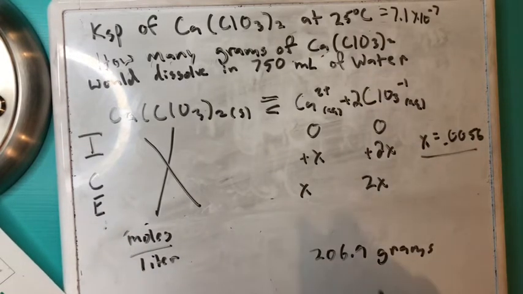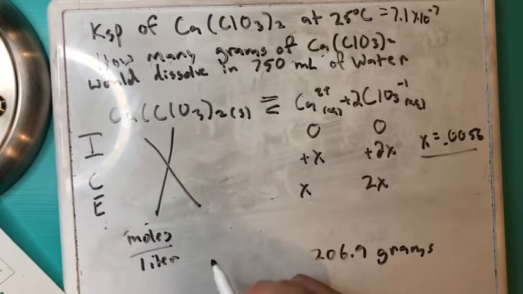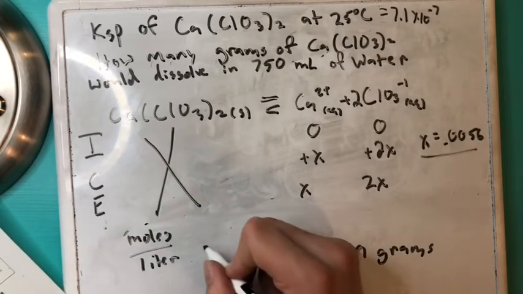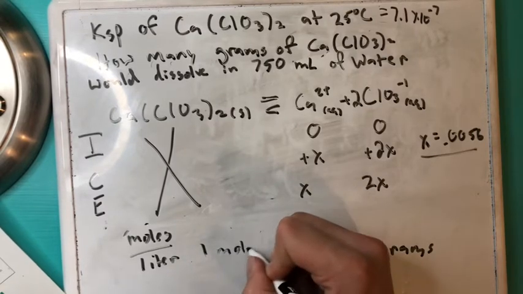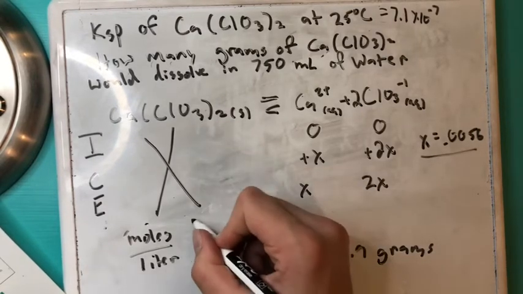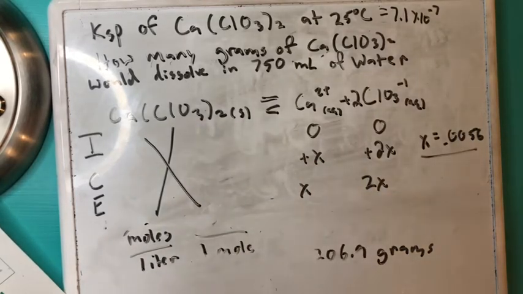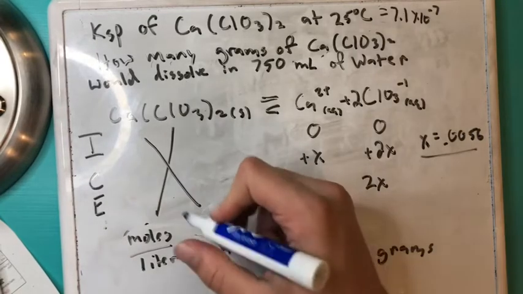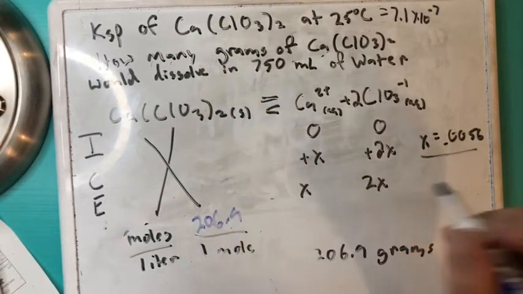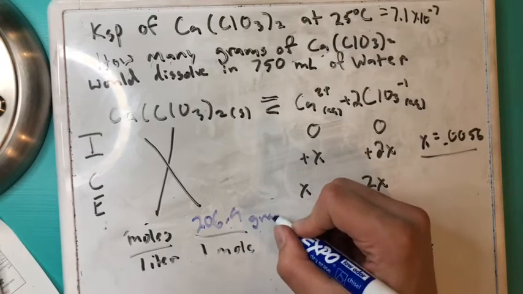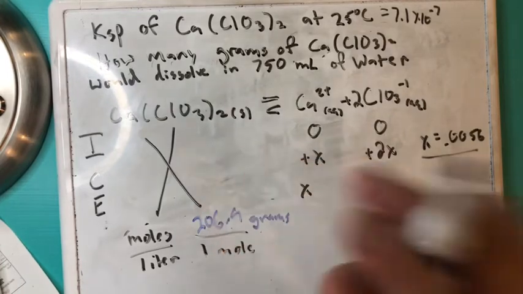So now we can use this value to help convert our moles per liter to grams per liter. So in 1 mole, we're going to do some dimensional analysis. In 1 mole, there is 206.9 grams, which is the molar mass of the calcium chlorate once again.